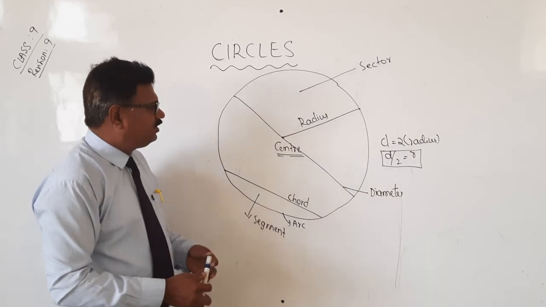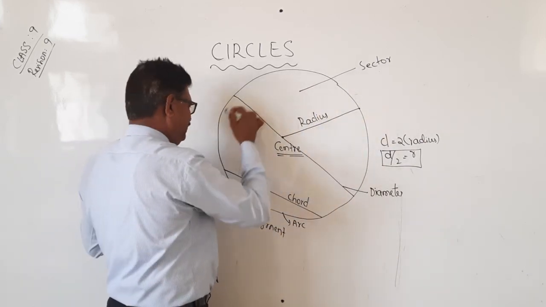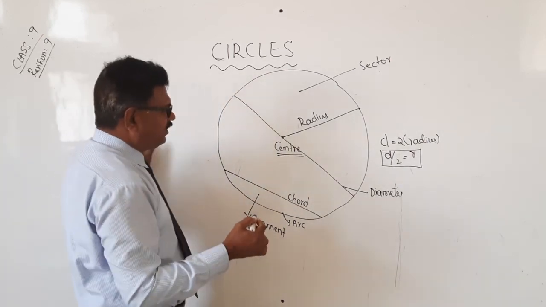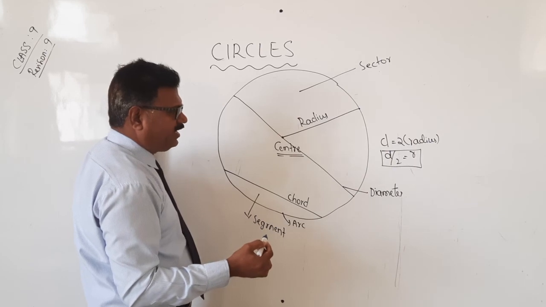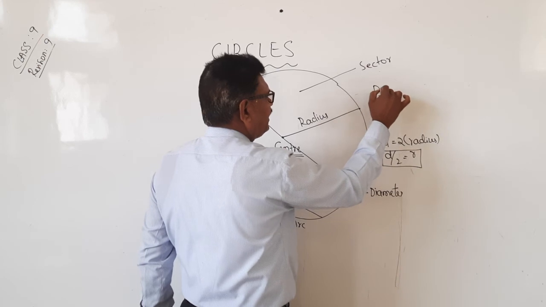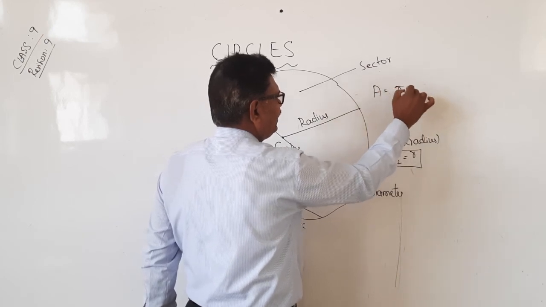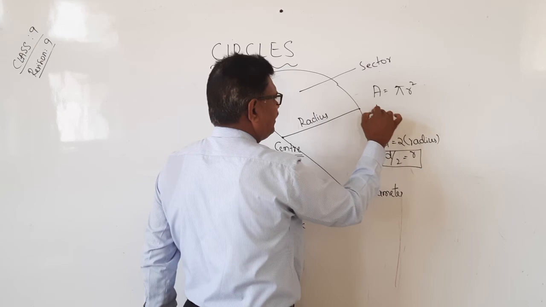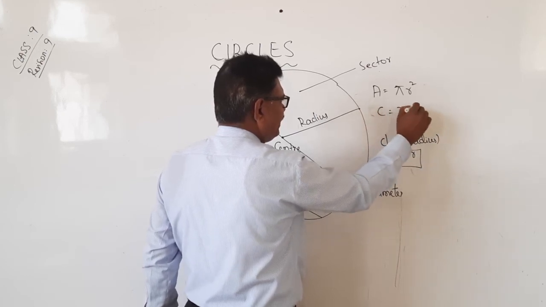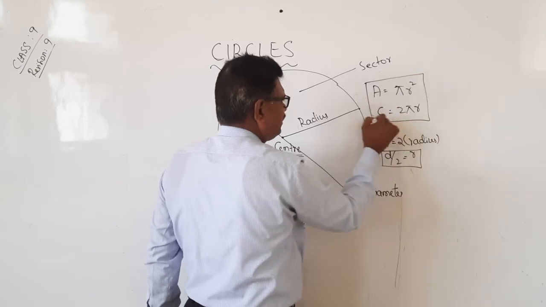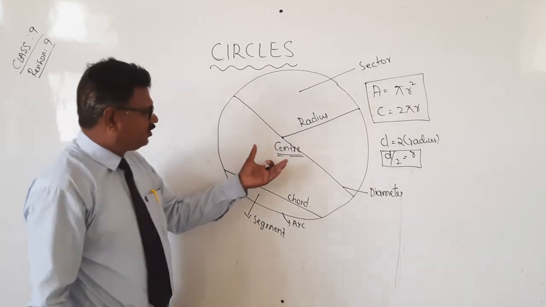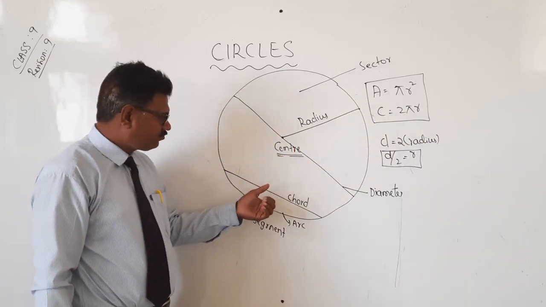This is known as the circle, or the circumference of a circle. We have some formulae regarding this: area is pi r square, and circumference is equal to 2 pi r. But these will not come under this, but we will see some of the things. The fixed point is known as the center.